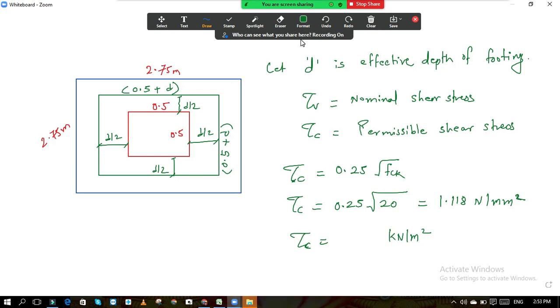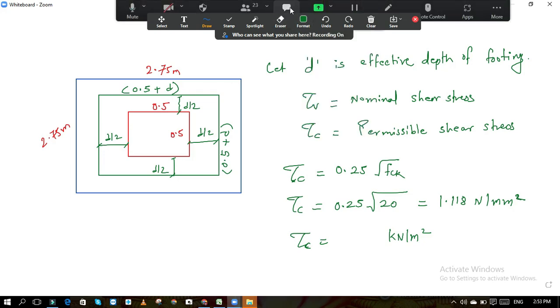What is the conversion? Very simple thing, no? I have asked you: 1.118 Newton per mm square. I want to convert this Newton per mm square into kilonewton per meter square. Let me know the answer. 1.118 Newton per mm square is equal to how much kilonewton per meter square?